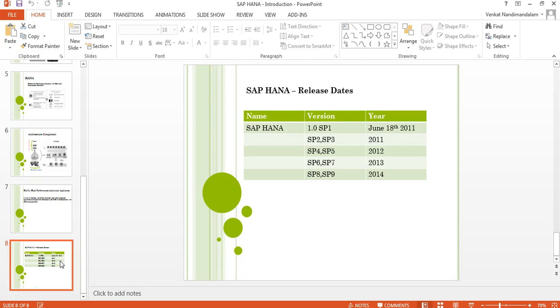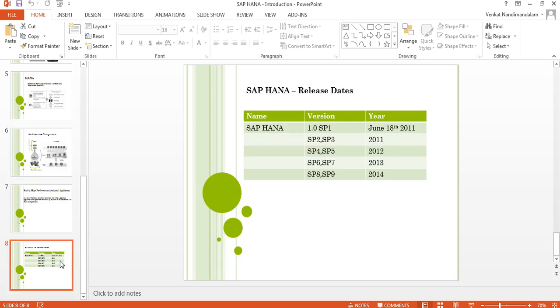We got service packs 2 and 3 in 2011, 4 and 5 in 2012, 6 and 7 in 2013. The latest service pack, released just 1 month back, at the end of November 2014, is HANA 1.0 SP9. This is the latest HANA version we have.